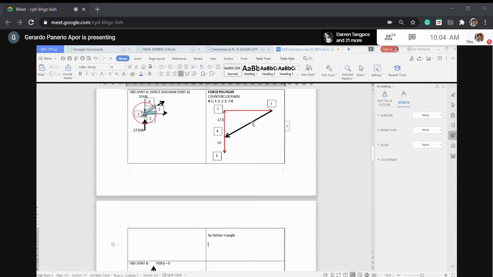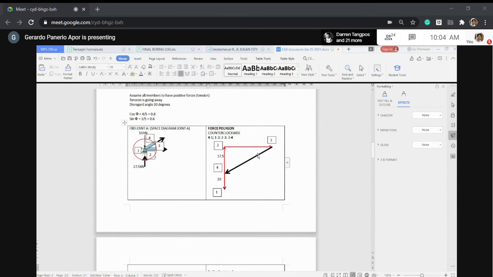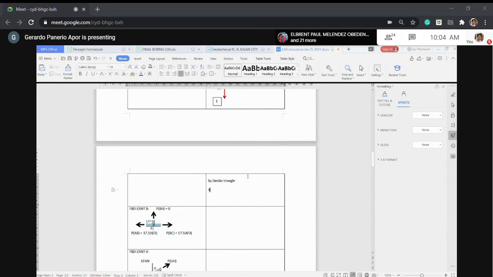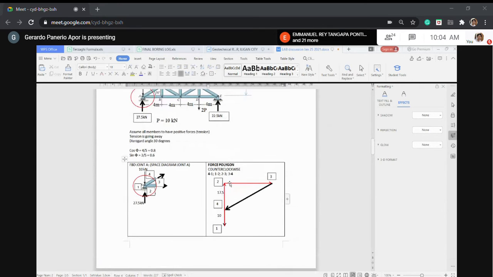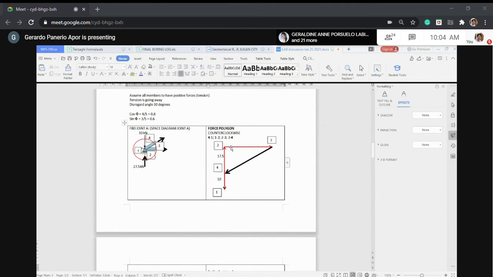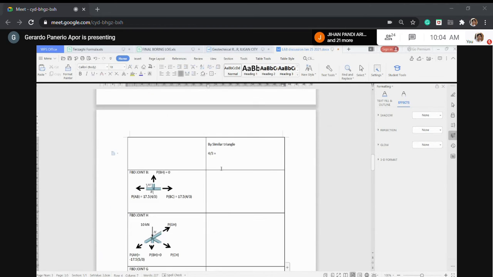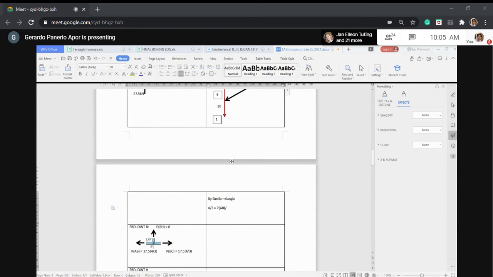4 and 3, so 4 over 3 is equal to this line 2, 3. This line 2 to 3 represents the force of the member EB. So this will be PEB over this length 17.5.